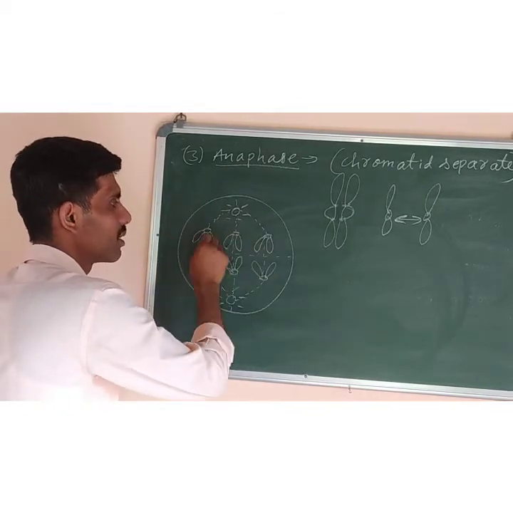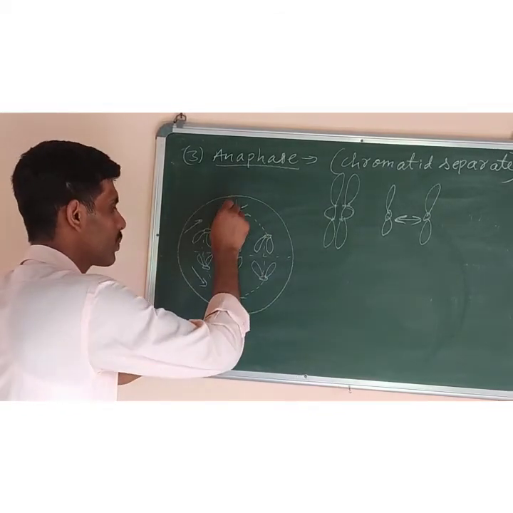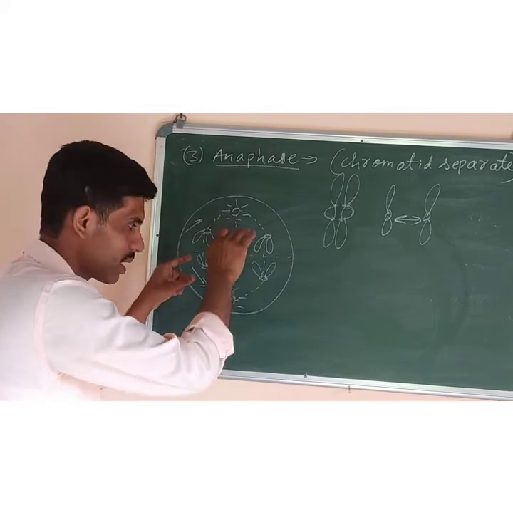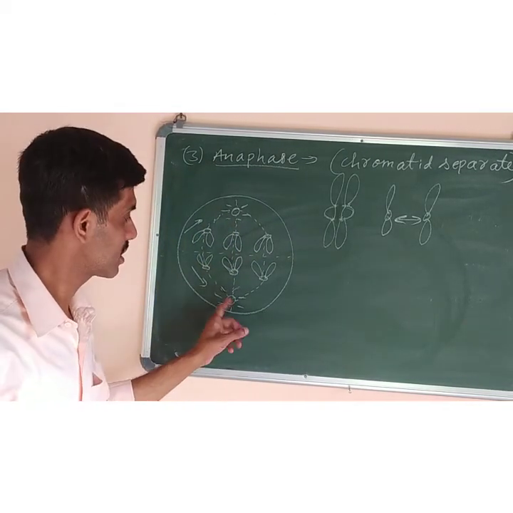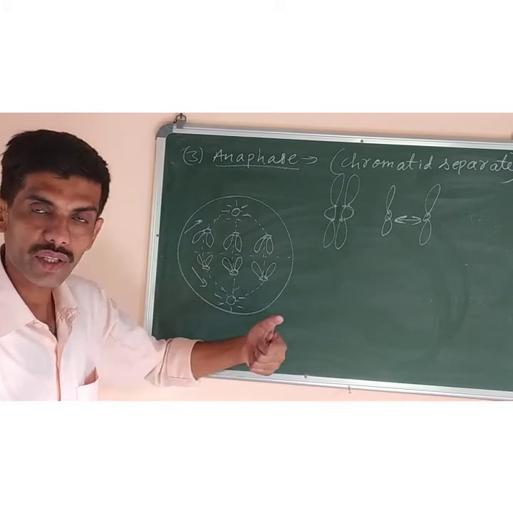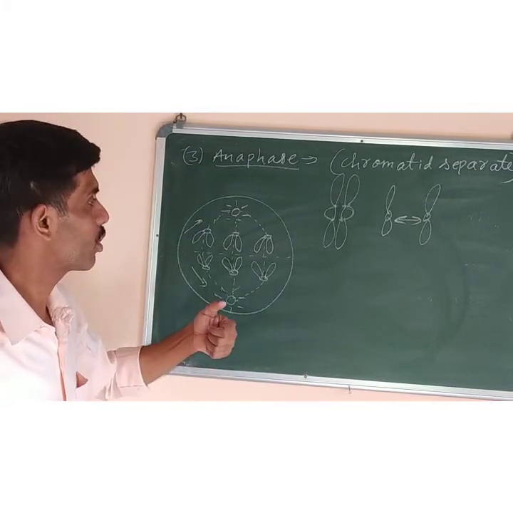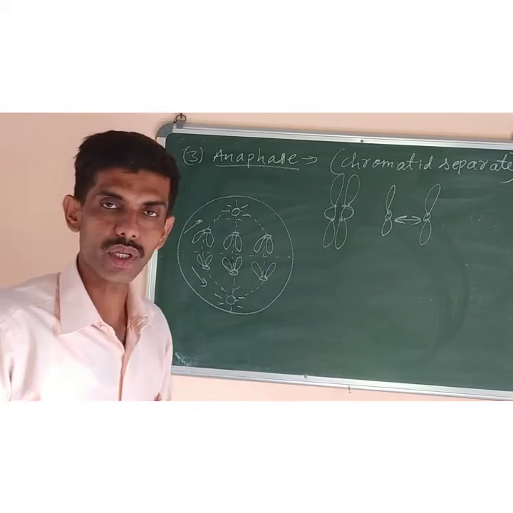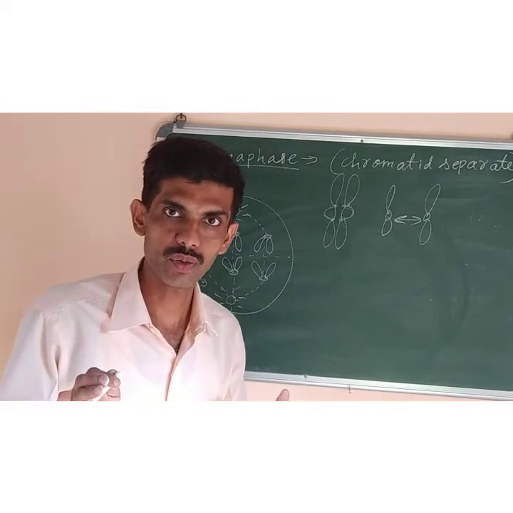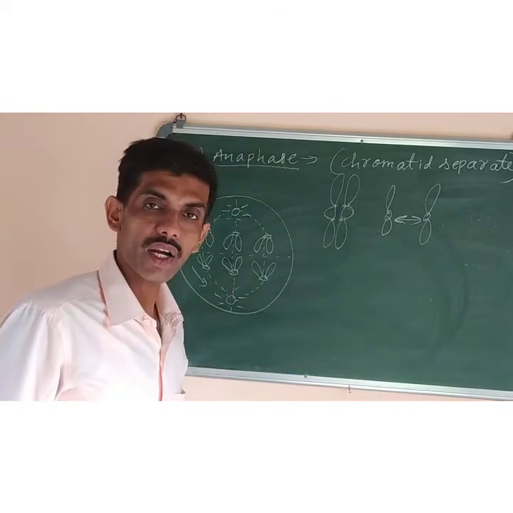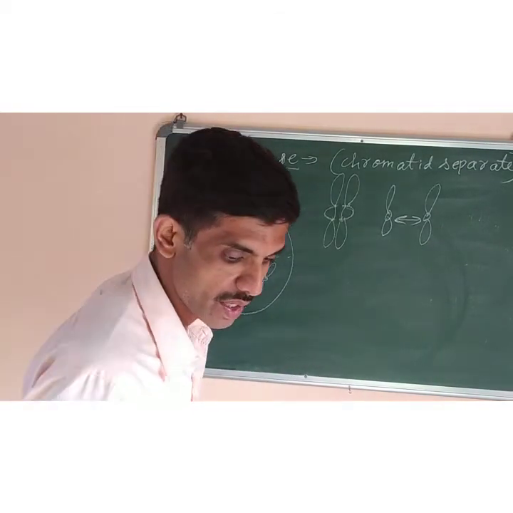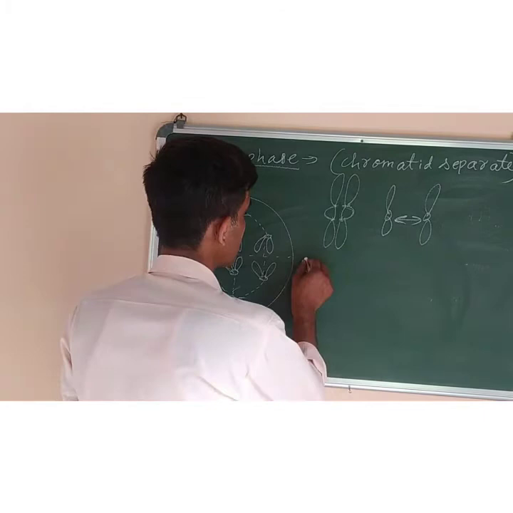These chromatids will move towards the north pole, and these chromatids in the southern hemisphere will move towards the south pole, towards this centroid. It means contraction of spindle fibers pulls the chromatids away towards opposite poles. I hope you have understood this one. So let's write the important characters. It is marked by splitting of centromere into two functional centromeres.